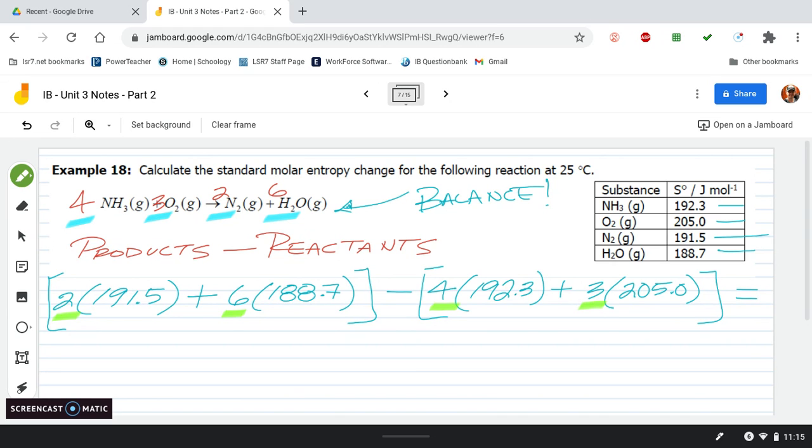Add that to, in parentheses, 6 times 188.7, close your parentheses, hit enter, minus, in parentheses, 4 times 192.3, actually double parentheses, so in parentheses again, 4 times 192.3, close that one, plus, open a new one, 3 times 205.0, close.